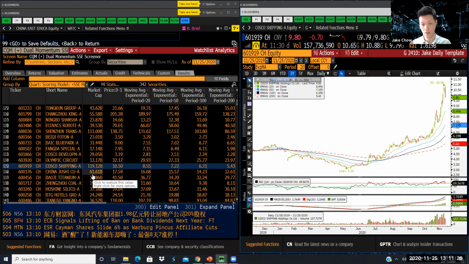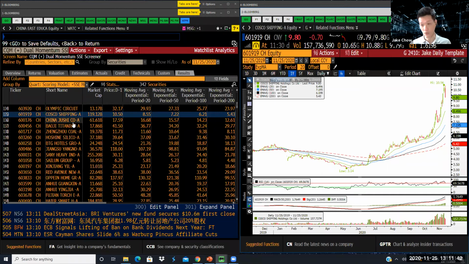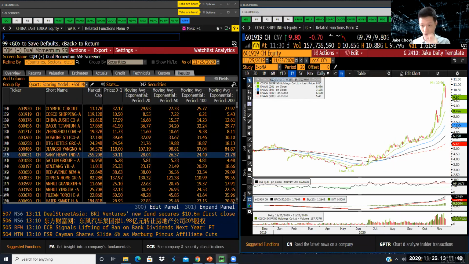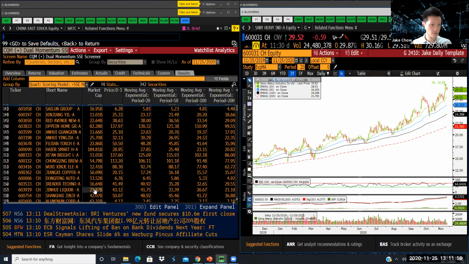For Hong Kong listed names that have Chinese parentage, you find that their movement is actually mirroring the parent in China, right? Like Costco, they're doing exactly the same thing. Sunny Heavy, same as well, right? It's having positive momentum, and that's why the Hong Kong listed name Sunny is also experiencing positive momentum.